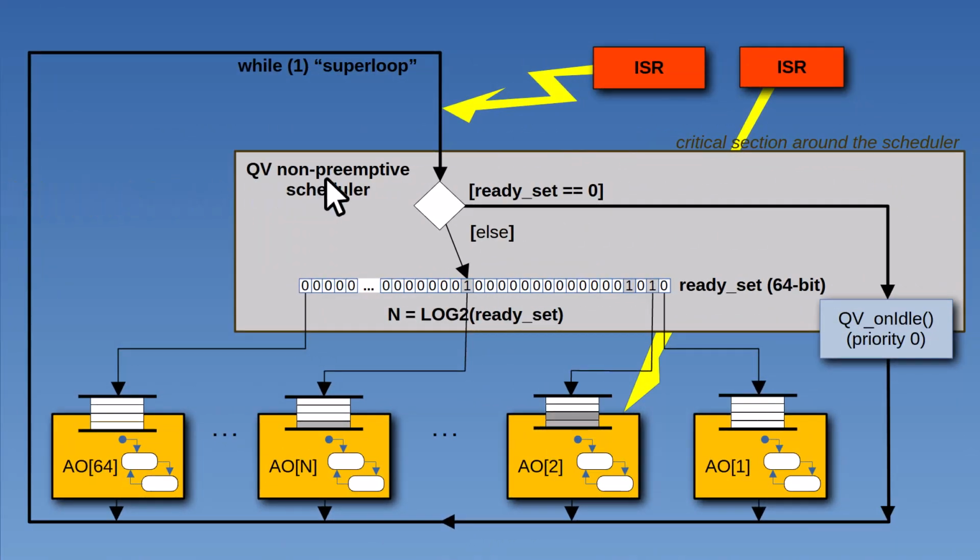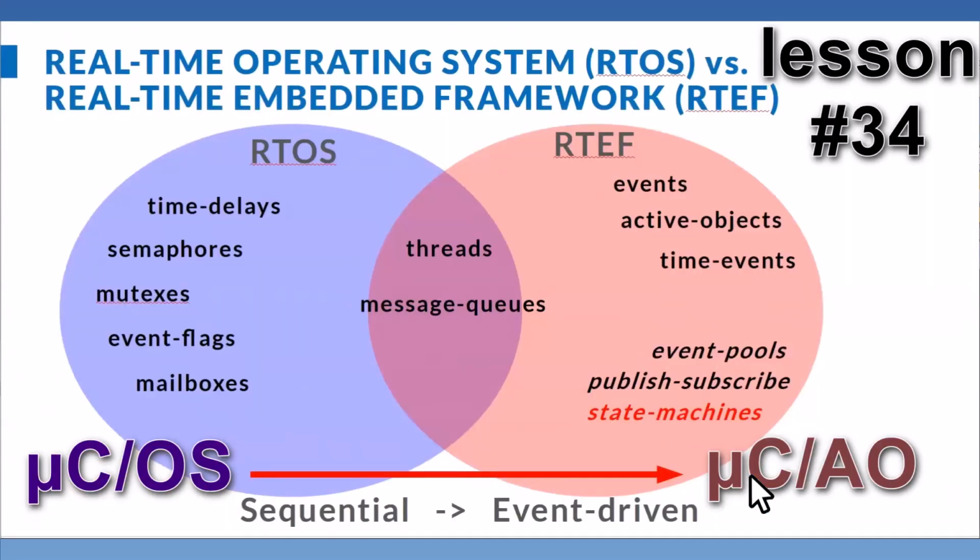This concludes this lesson about the non-preemptive QV kernel, which is the second example of a real-time kernel suitable for active objects. The first was the traditional real-time operating system, RTOS, presented in lesson 34, where you saw a rudimentary active object framework called MicroCAO, built around MicroC/OS RTOS tasks structured as event loops.